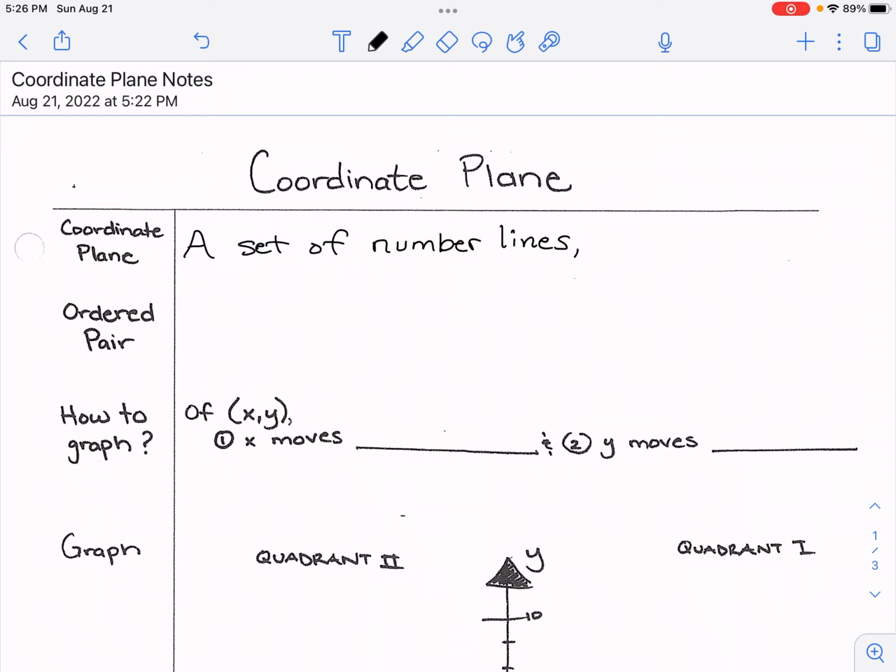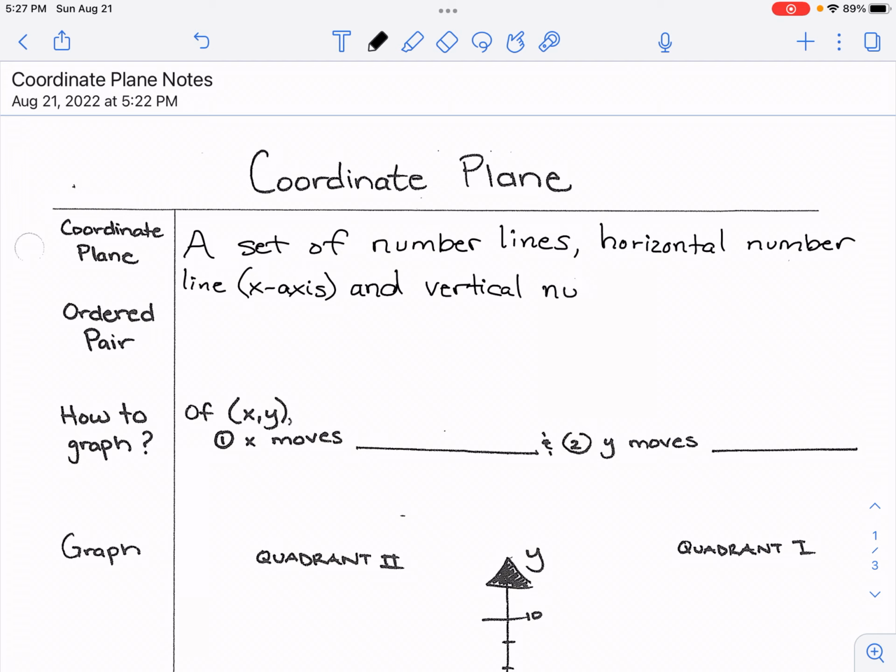We have the horizontal number line, and then in parentheses, hopefully this looks familiar, the x-axis, and our vertical number line, the y-axis.